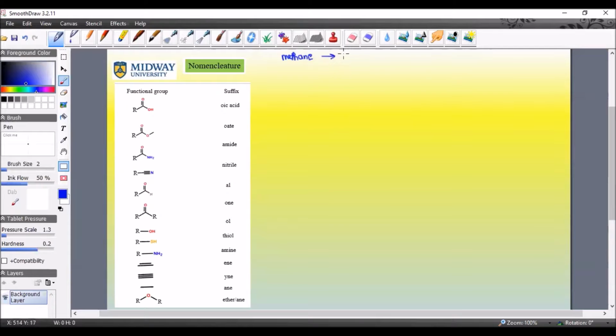So when it's in a compound, we call it methyl. Similarly, ethane, we call it ethyl. And propane, and this is cyclohexane, which we have studied extensively in Chem 330, so cyclohexyl.